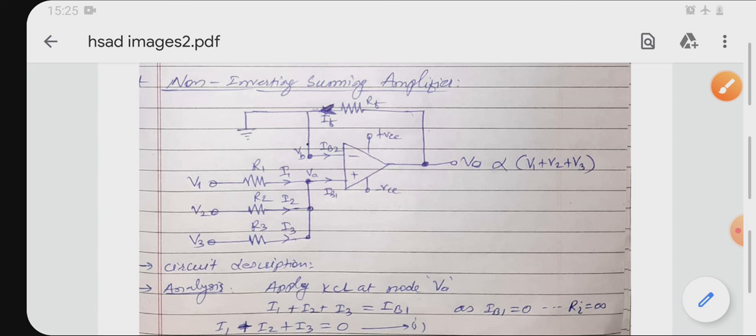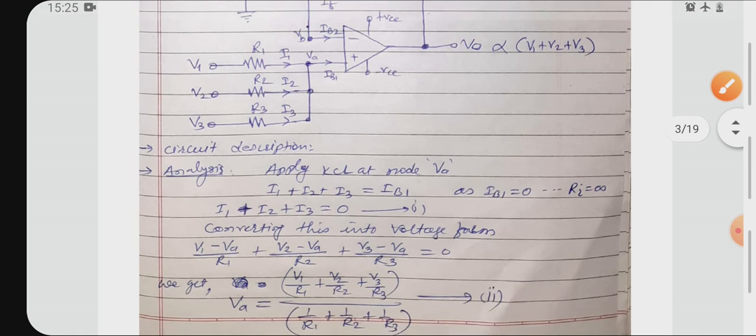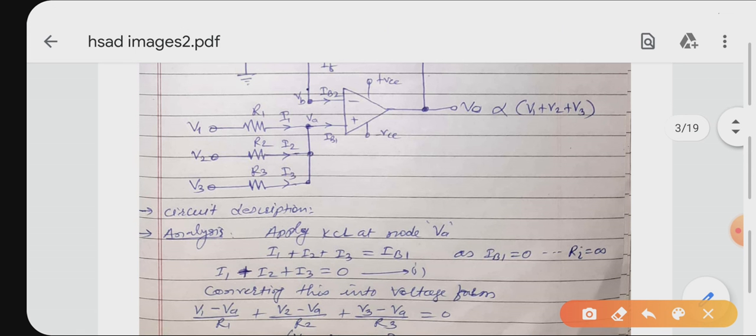Analysis, you should start from the KCL. Apply KCL at VA. Where is the VA? VA point is here. So the summation of incoming currents, I1, I2, I3 are the incoming currents, IB2 is the outgoing current here. So you will get this equation. As you know that IB is equal to 0, so you can get I1 plus I2 plus I3 is equal to 0.